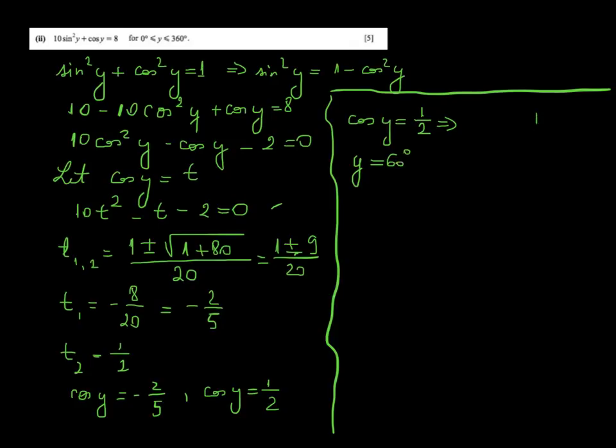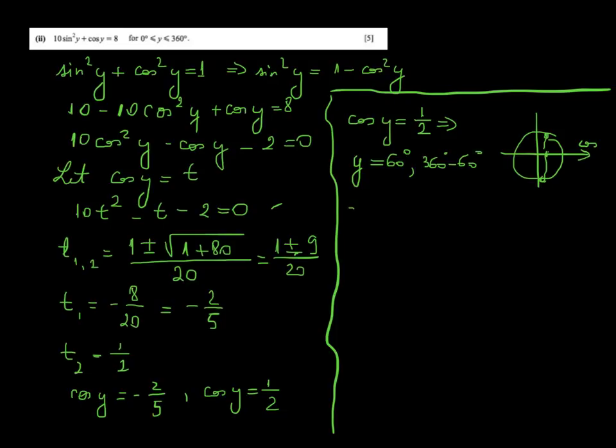Is it the only solution between 0 and 360 degrees? If cos is 1 over 2, the x-axis is the cos axis, so 60 degrees, and also I have this angle here, which is 360 minus 60 degrees, so two solutions between 0 and 360 degrees.